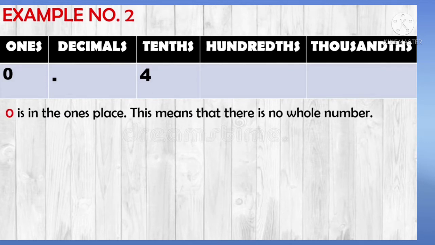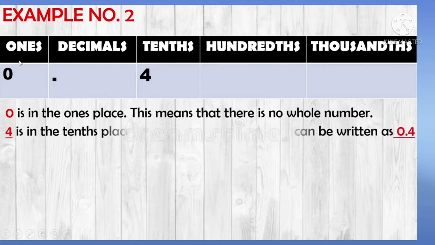This means that there is no whole number. There is no whole number because 0 is in the ones. Then, 4 is in the tenths place and the value is 4/10 or can be written as 0.4.